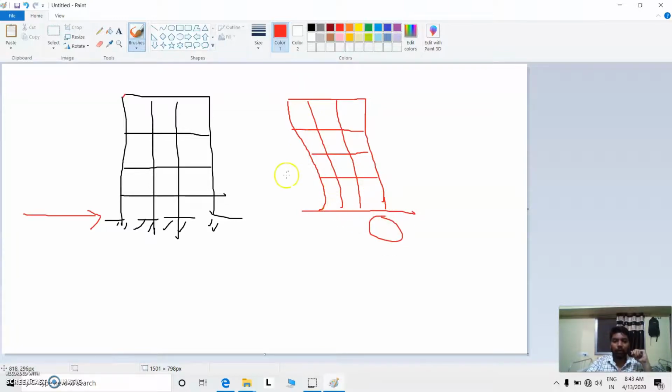When the force gets into the structure and after that gets into the earth, the time taken in this period is considered to be time period. That means the time the force remains within the structure is the time period, which is measured in seconds.